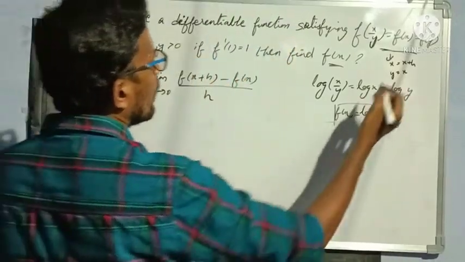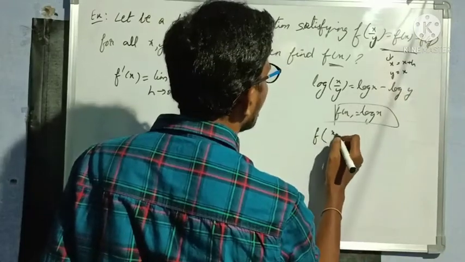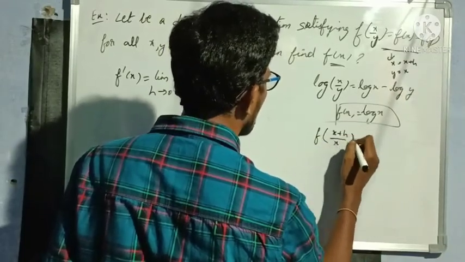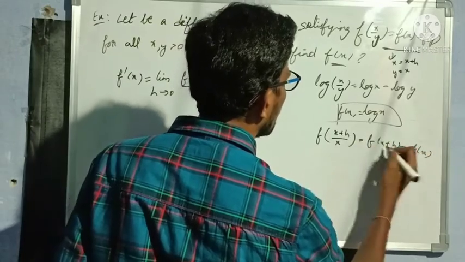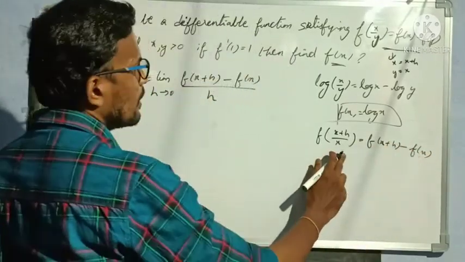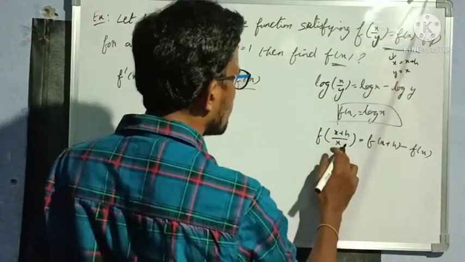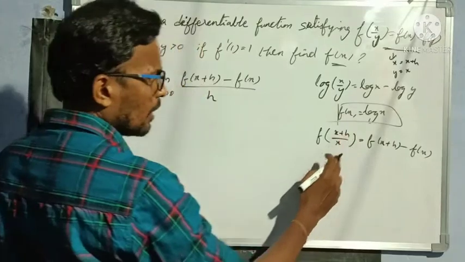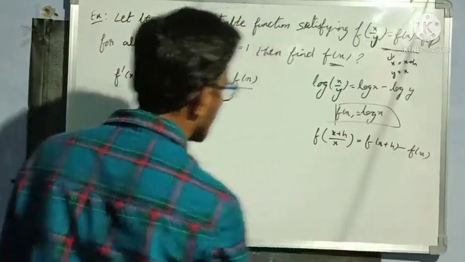Okay, and let us solve. So then what will be this function? f of x plus h by x is equal to f of x plus h minus f of x. Am I correct? In the place of x, if I substitute x plus h here, and in the place of y, if I substitute x here, then this will be of the form f of x plus h by x is equal to f of x plus h minus f of x.